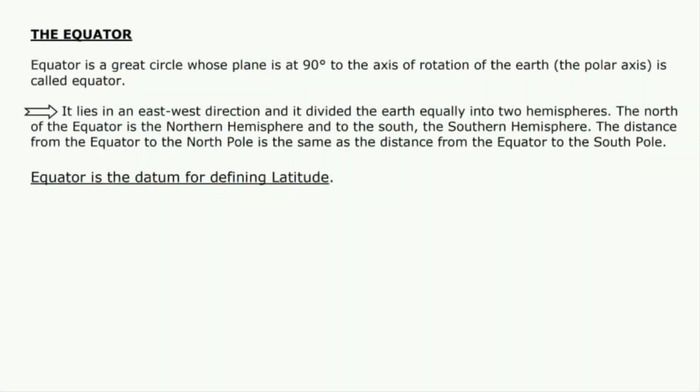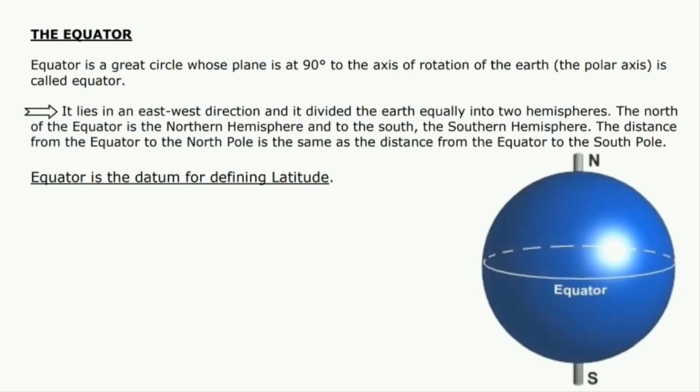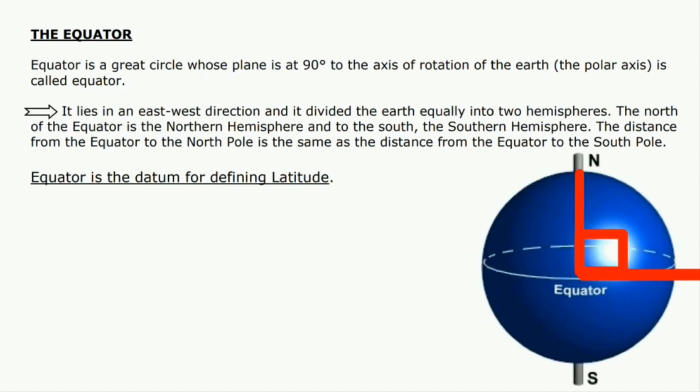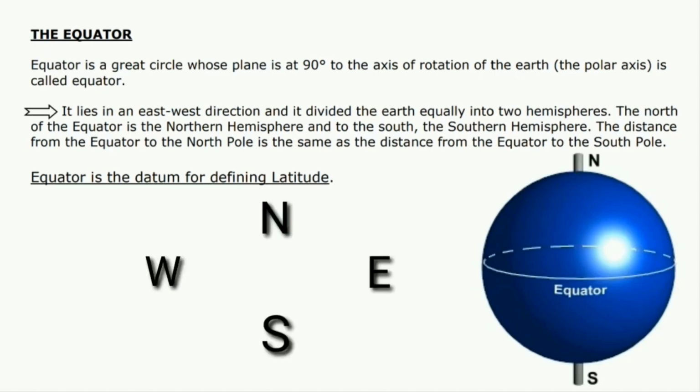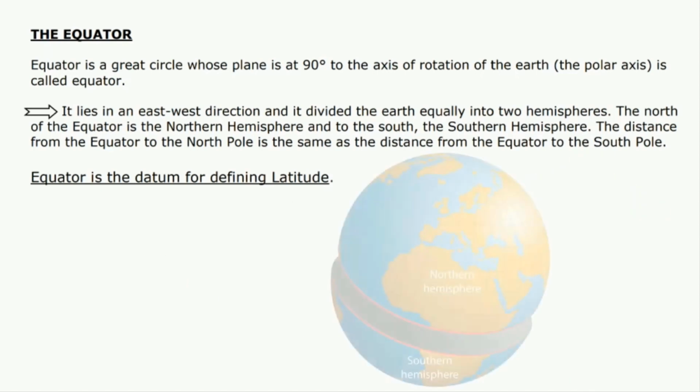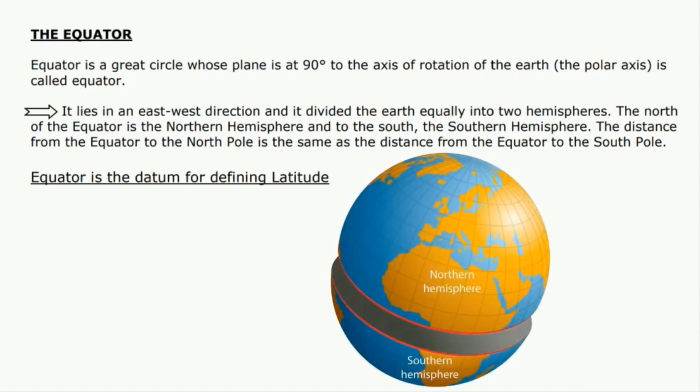The equator. The equator is a great circle whose plane is at 90 degrees to the axis of rotation of the earth, that is also called the polar axis. It lies in the east-west direction and divides the earth equally into two hemispheres. The northern part of the equator is the northern hemisphere and the south part is called the southern hemisphere.